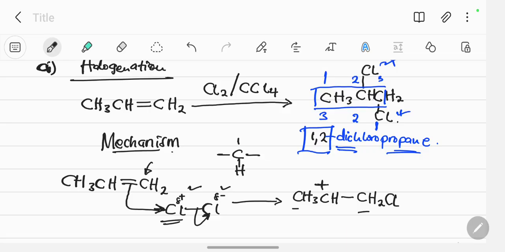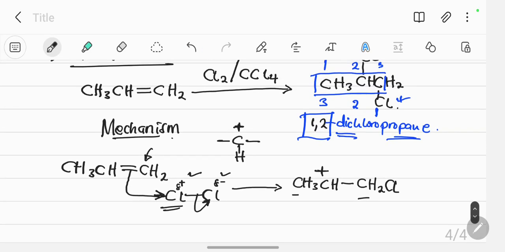So we are lacking the 4th bond, so we give it a positive charge there. So after that, we move on to resolving that, because our compound is not stable with that carbocation.